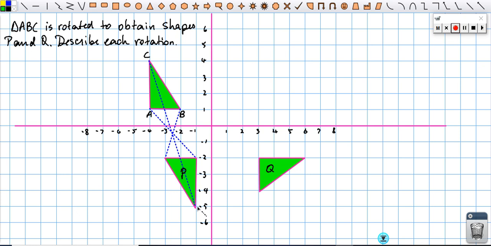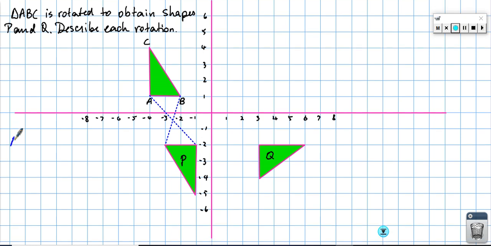Okay, so as we can see, the center of rotation is that one. I'm going to draw only two. So from triangle ABC to P, we have a 180-degree rotation from the point of intersection.